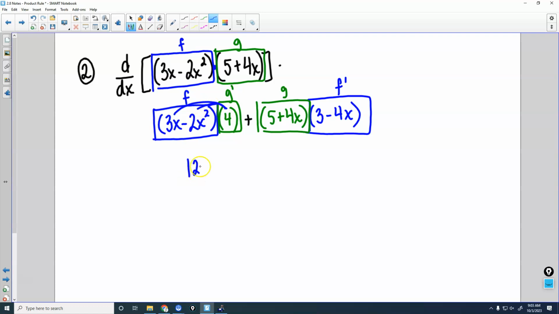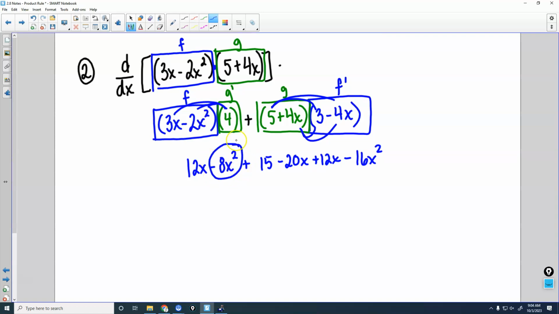So you could distribute that 4, and you would get 12x minus 8x squared. Over here you've got to distribute, so you have plus 15 minus 20x plus 12x minus 16x squared. And then you could combine your like terms.